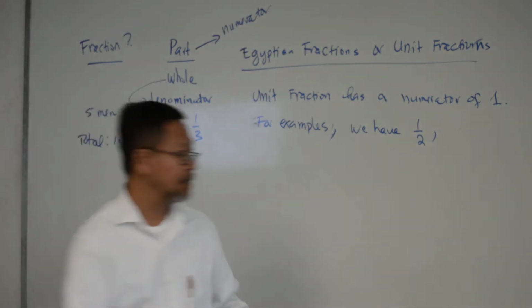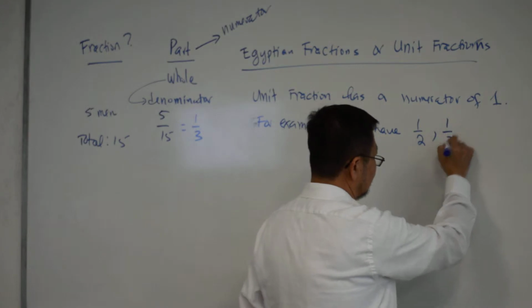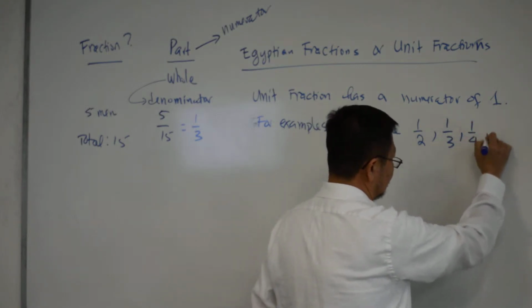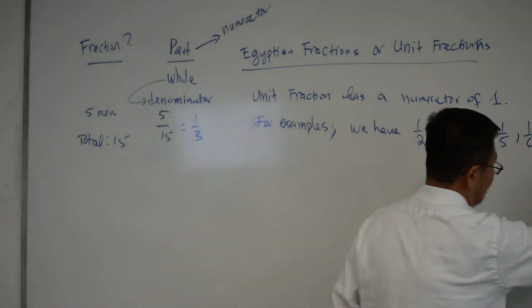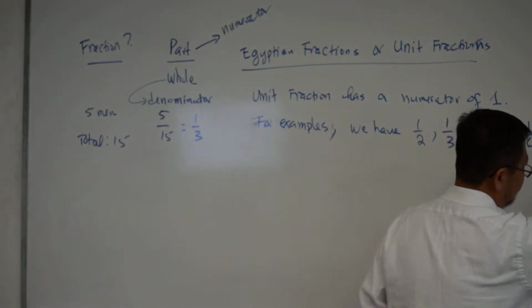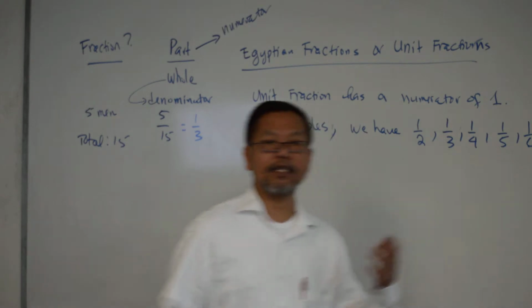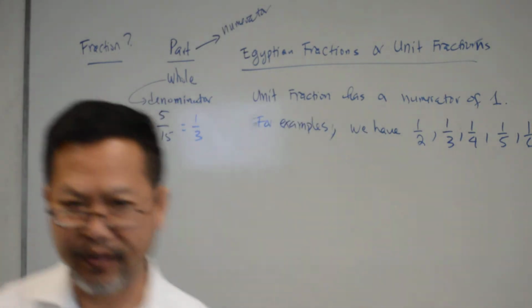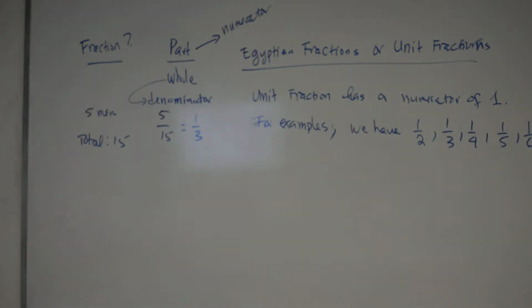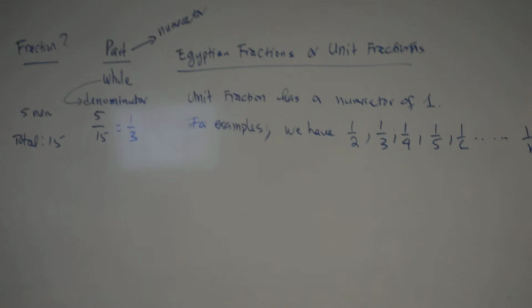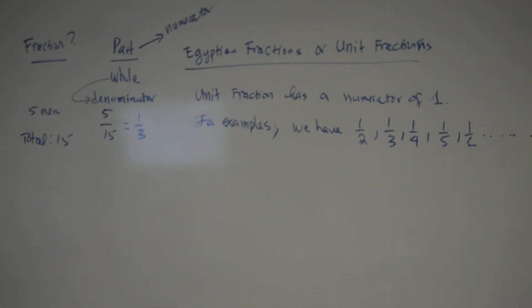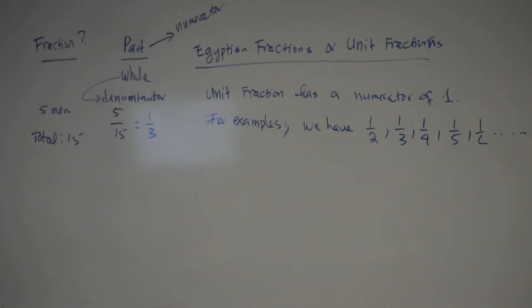That's a unit fraction. A third, a fourth, a fifth, a sixth. 1 over n, where n cannot equal 0. If n equals 0, it's undefined for a fraction, right? You cannot have 0 as the denominator.